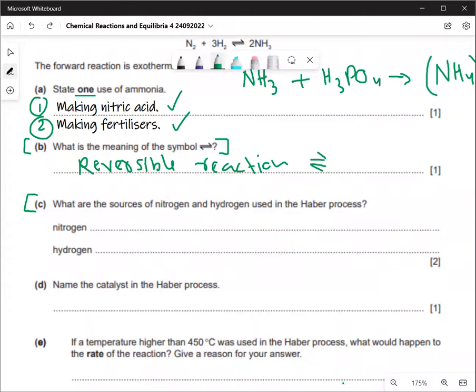Sir, after nitrogen, what was it? Say that again. After nitrogen, we have hydrogen. What are the sources? Okay, nitrogen. Got it. Zahra, I got your answer. Niranjana, I'm waiting for your answer. Is it correct? Yes, the first one is correct.